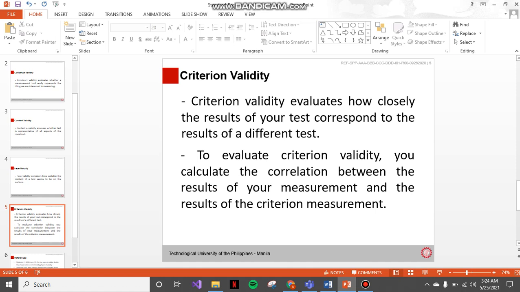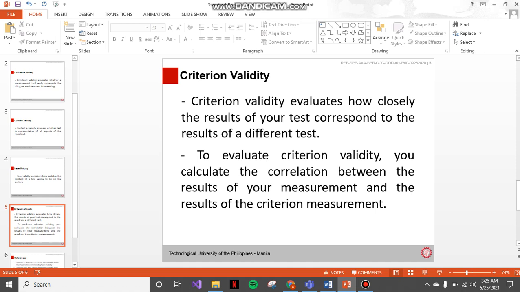Criterion can be any variable that one has reason to think should be correlated with the construct being measured, and there will be many of them. When the criterion is measured at the same time as the construct, the criterion validity is also referred to as concurrent validity.